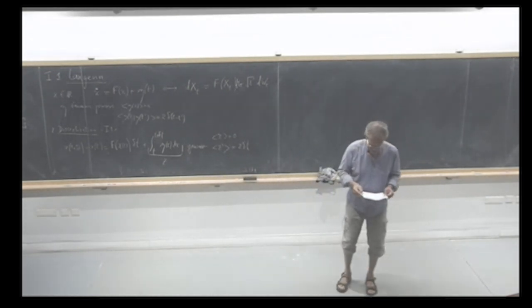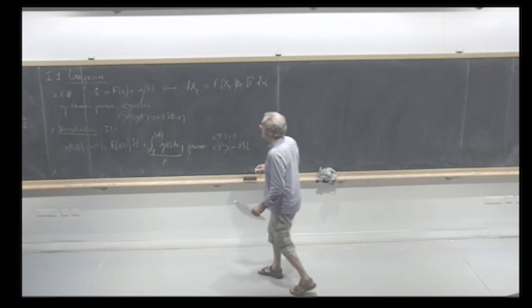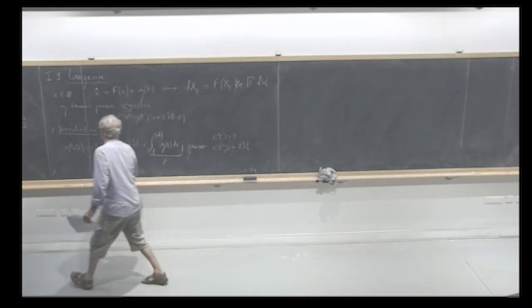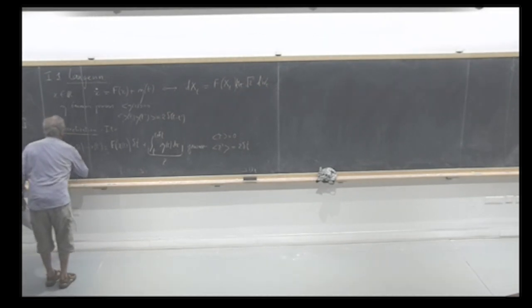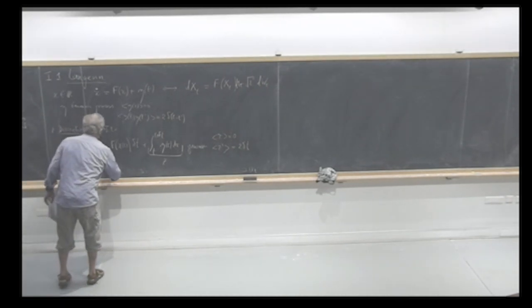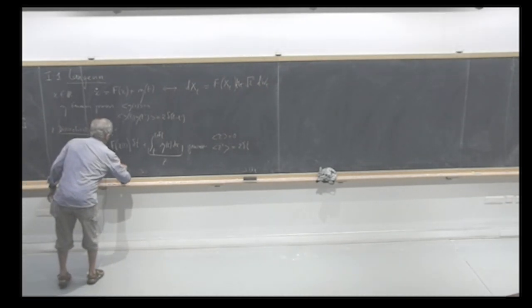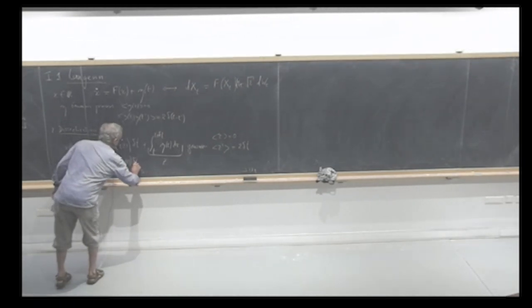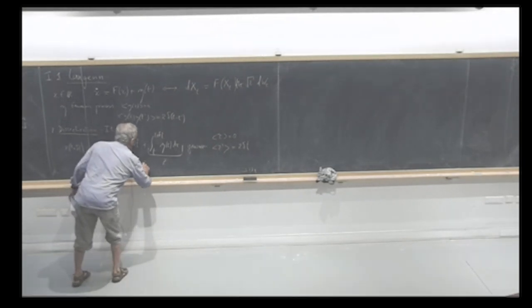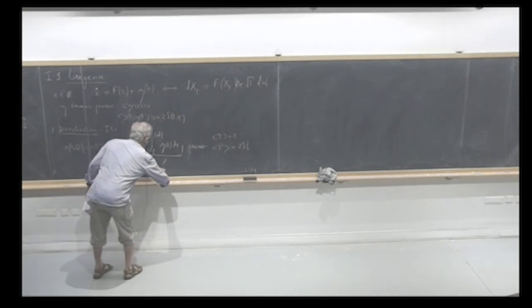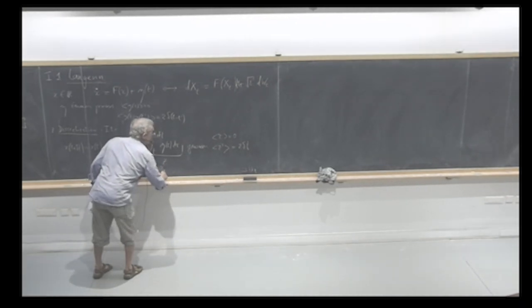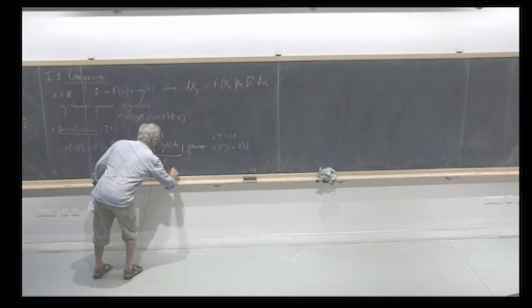Basically, my discretization will be that I do steps of size delta t, and I find x of t plus delta t minus x of t is equal to f of x of t times delta t plus z, and this z is a normal distribution of mean 0 and variance 2 delta t.